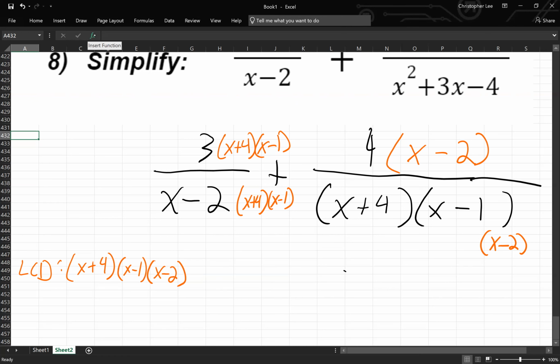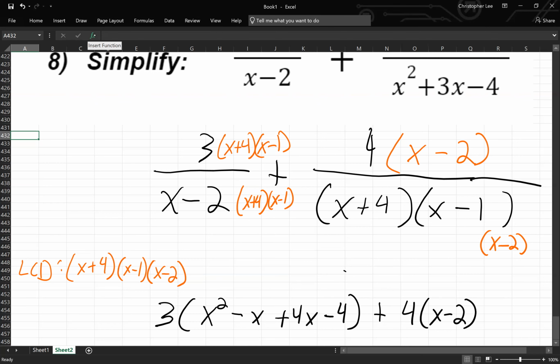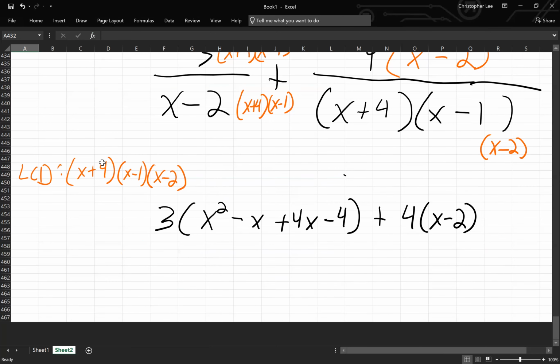So I'm going to have 3 times x squared minus x plus 4x minus 4, plus 4 times x minus 2. Let's combine like terms.